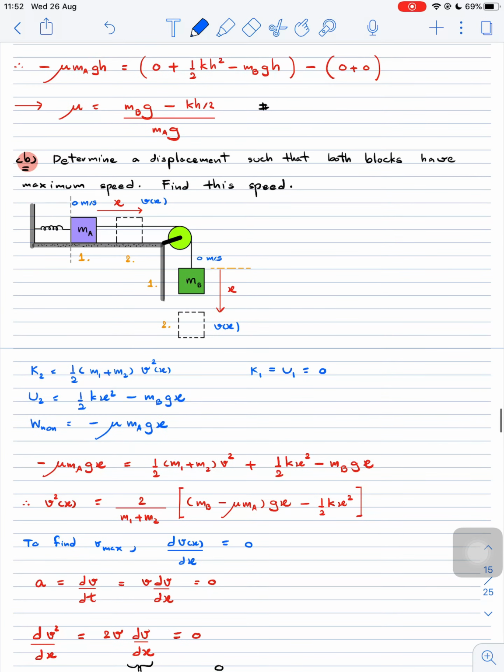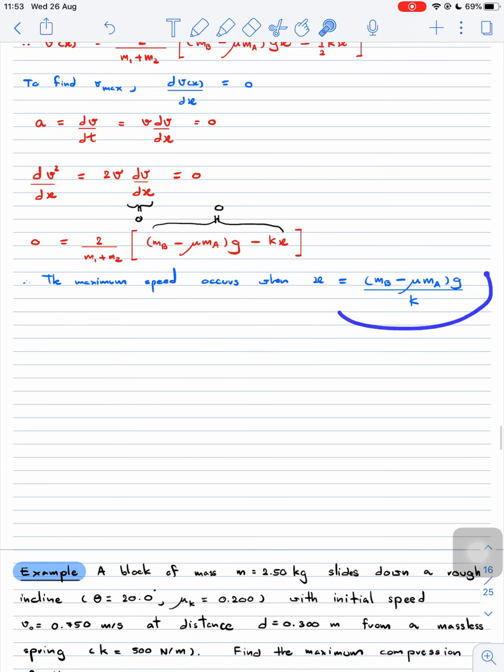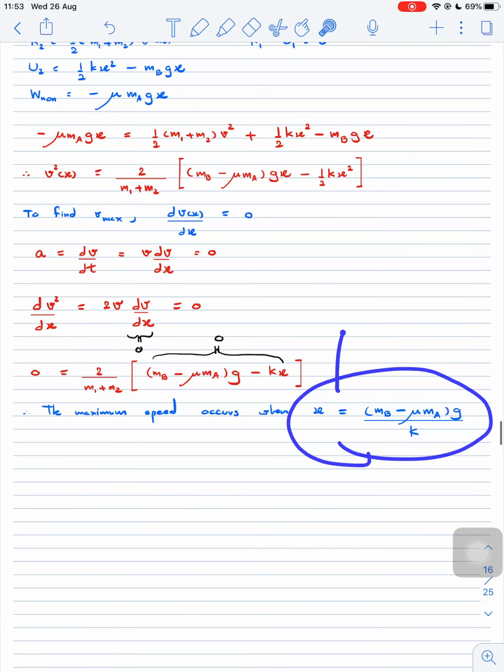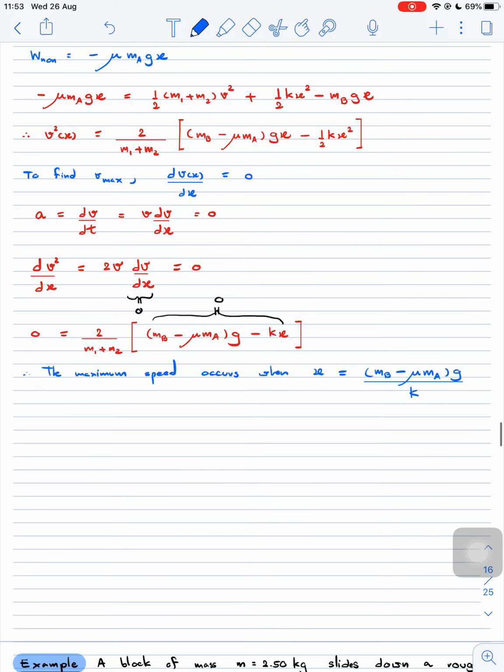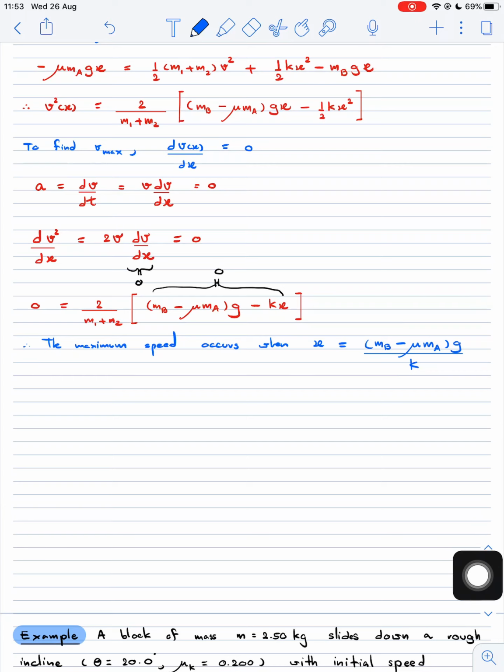But now the question is, we get this one already, but now we just want to find this speed, so we need to plug in this x into this equation. Okay, but I mean it's too lengthy. I will just conclude for you.